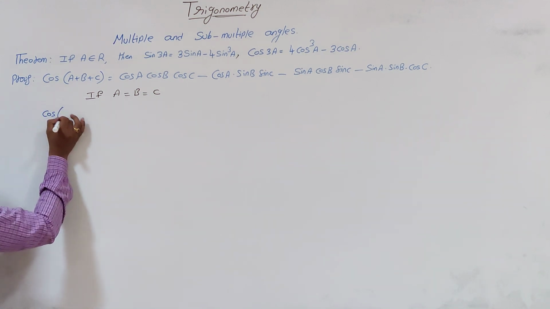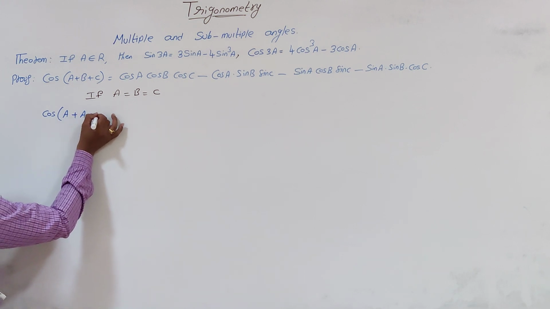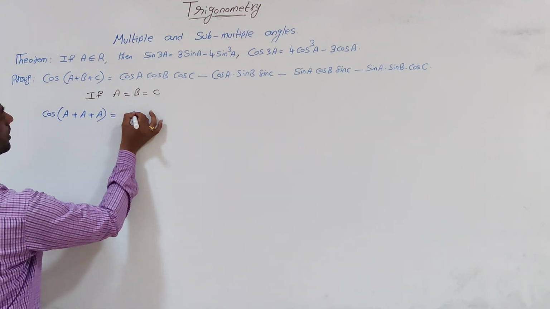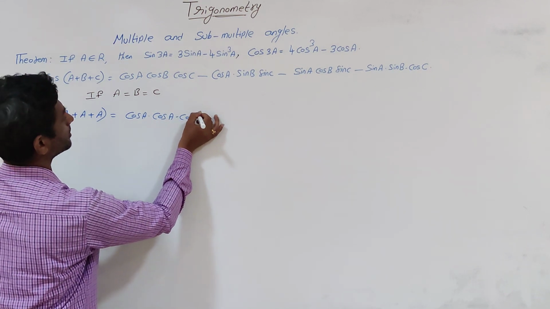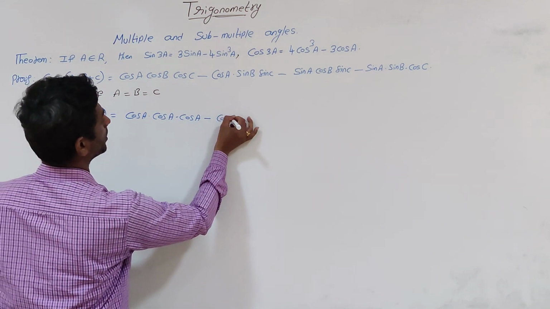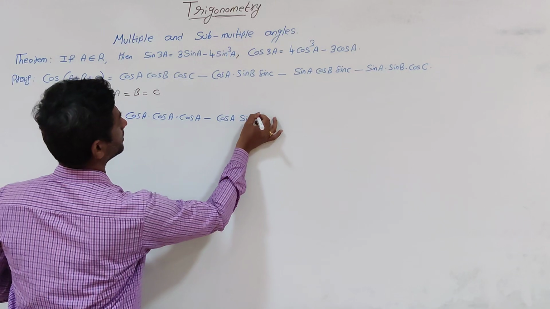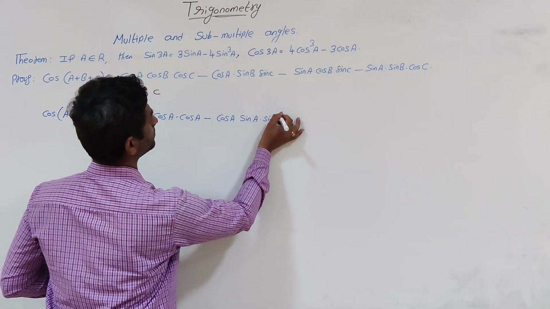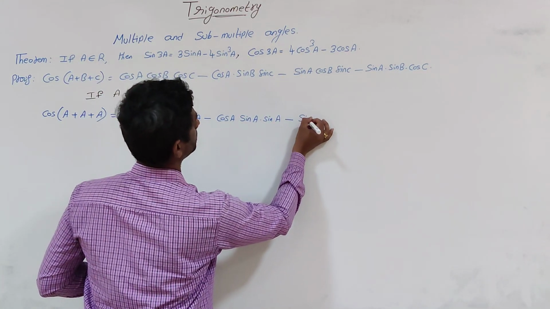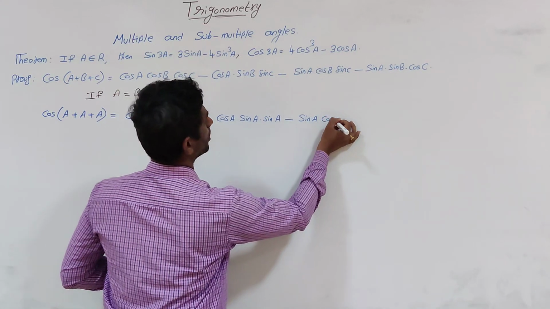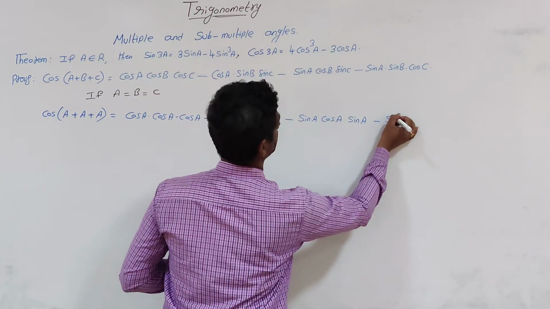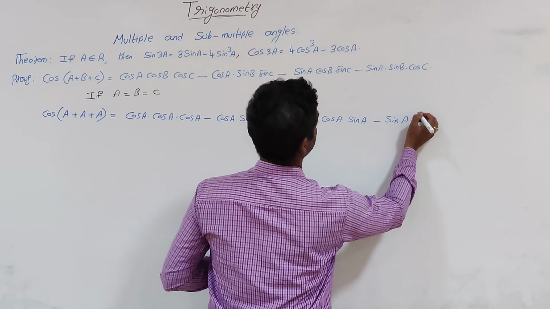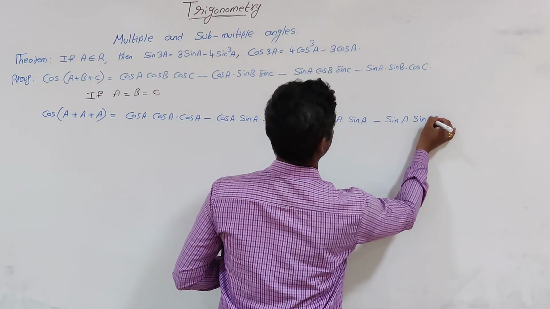Cos of A plus A plus A is equal to cos A into cos A into cos A minus cos A sin A into sin A minus sin A cos A sin A minus sin A, B is also A, sin A into cos A.